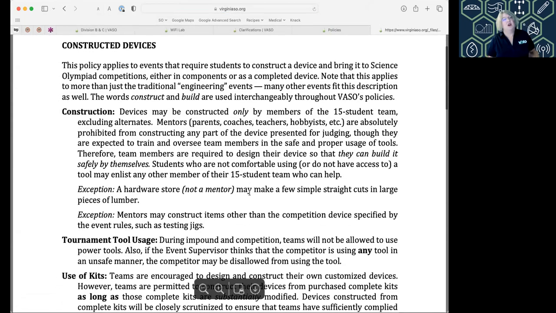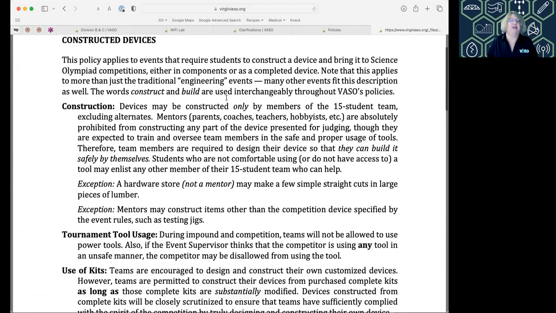All right, so it says the devices have to be constructed only by members of the 15 student team, all right? Now that means that, you've got 2 kids working on bridge or wheeled vehicle or sounds of music, but other kids from the 15-person team can help as long as it's just somebody on the team.